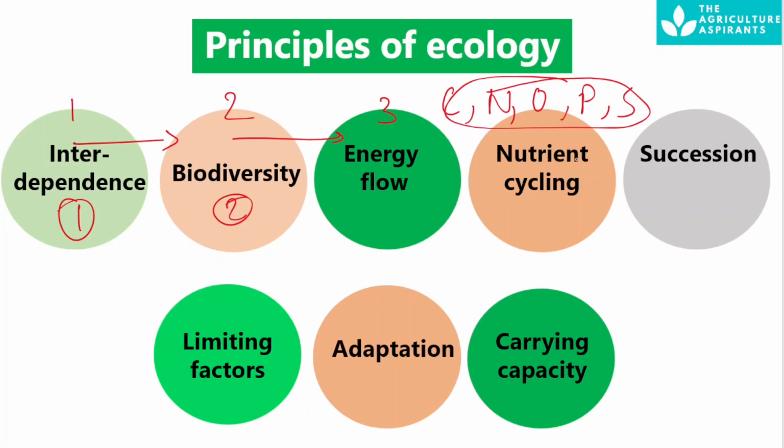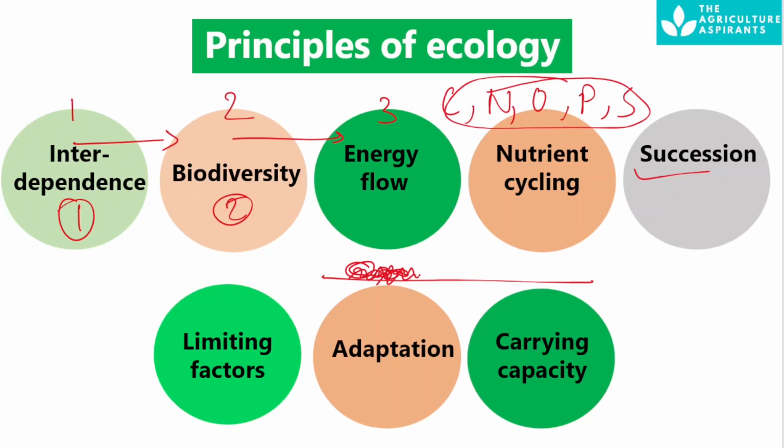So the next principle is succession. What is succession? As you have read, I assume that you have read about succession. If any organism or any grass or any species grows on terrestrial land, it first grows.